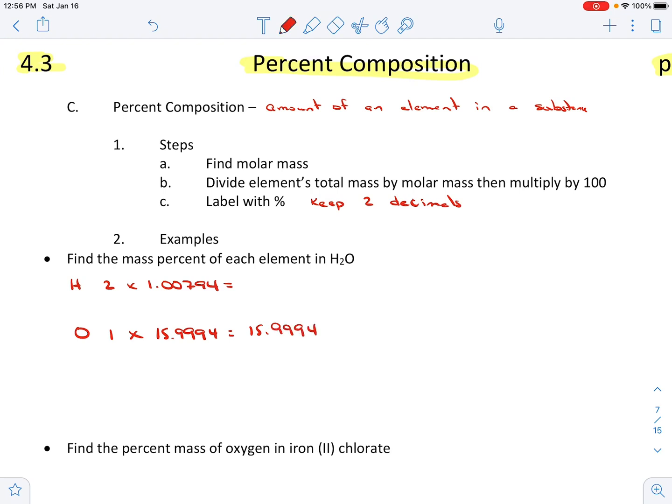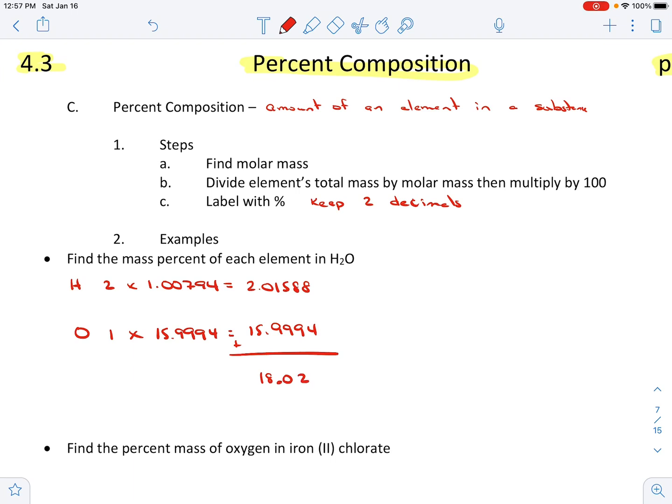And up here we're going to get 2 times 1.00794, which should be 2.01588. Now we add these up, right? That would give us our molar mass when we add these up. And so we get 18.02. Remember, we round. And that's our molar mass, right?